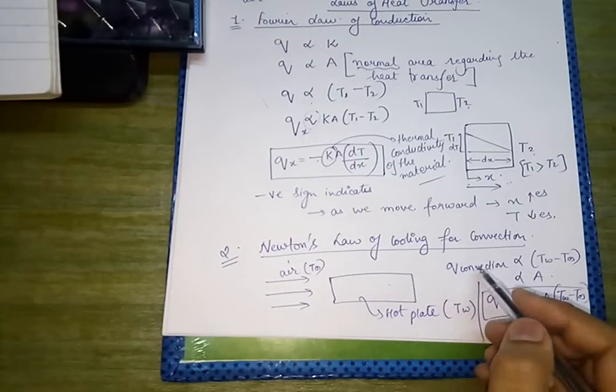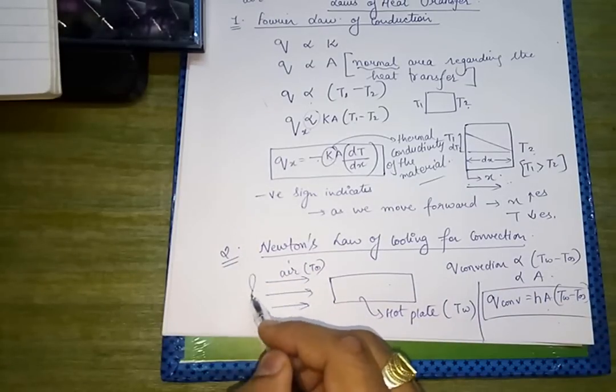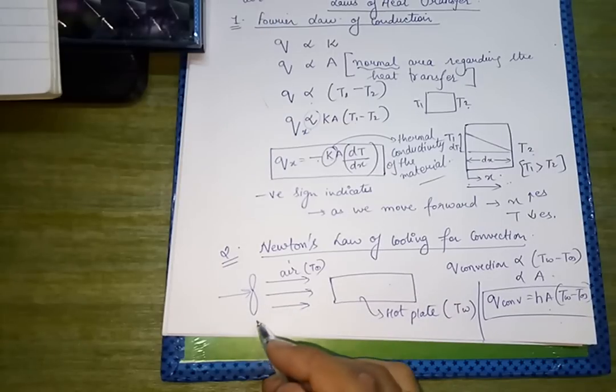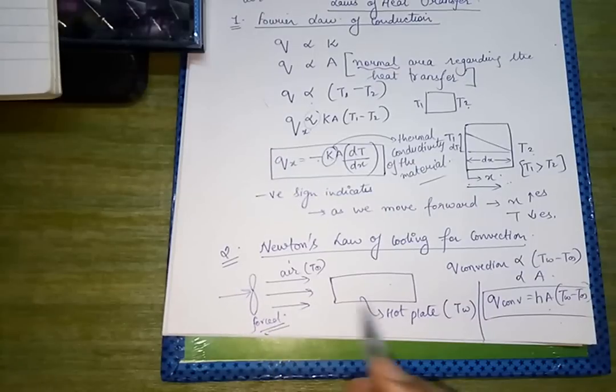Okay, now in convection, if we are using a fan or a blower to blow air over the surface, then it will become forced convection, and if it is flowing by itself, then it will be free convection.